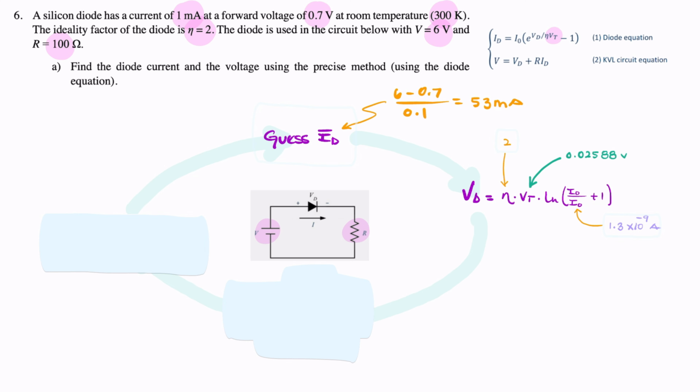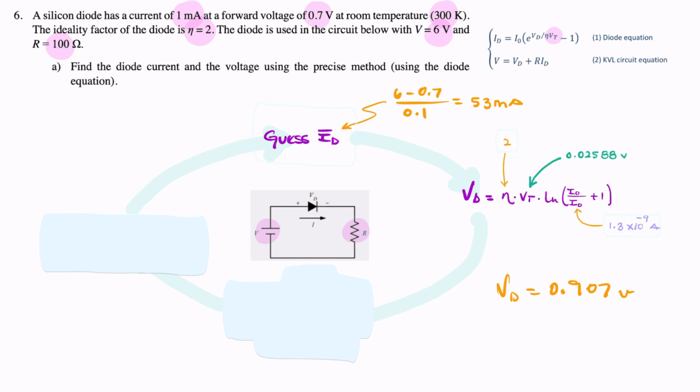If we put that in a calculator, we get 0.907 volts. So that's our working guess for VD based on an estimate of ID.